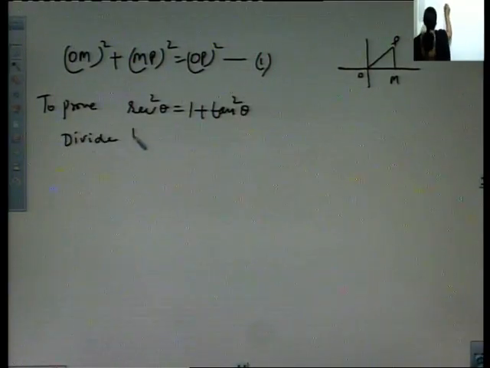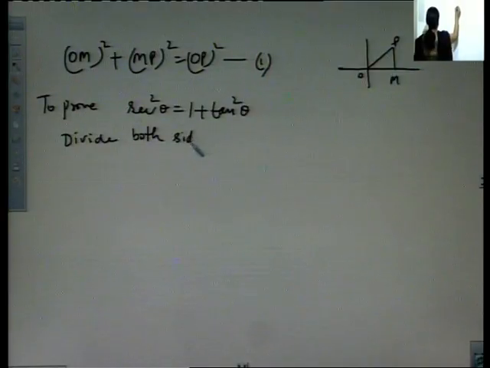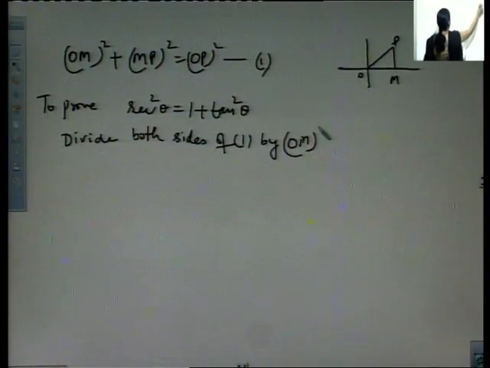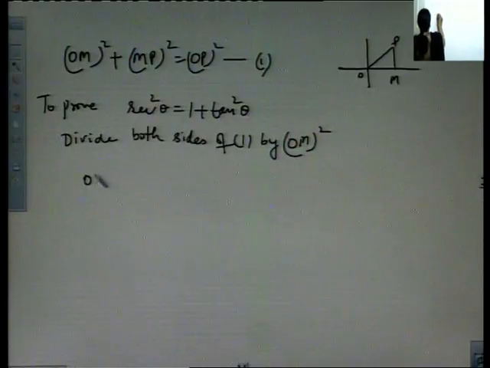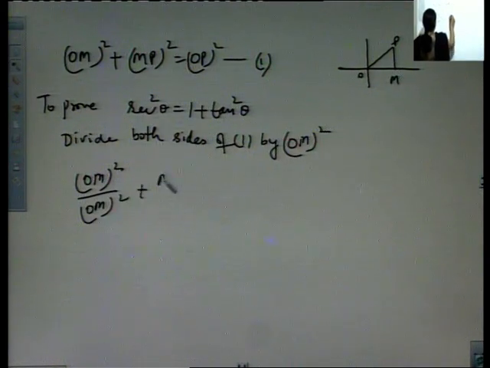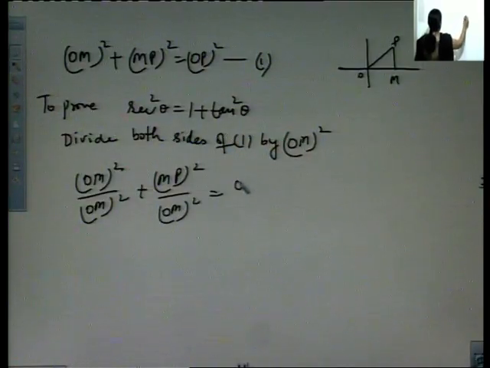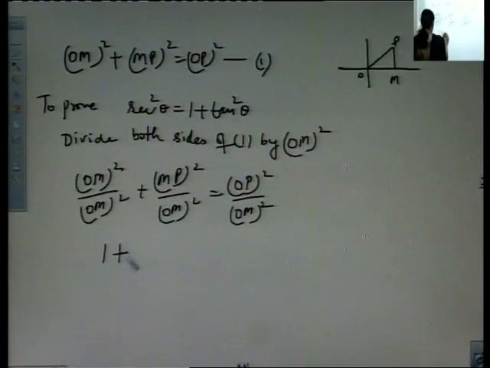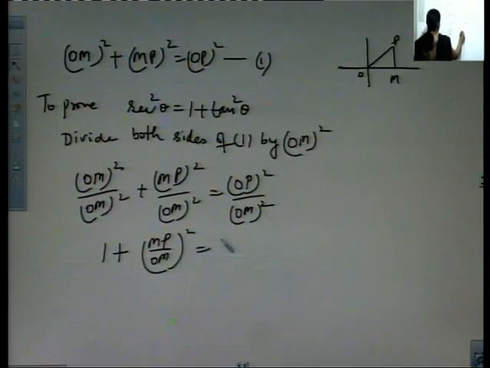Divide both sides of 1 by OM square, means OM square upon OM square, MP square upon OM square, and OP square upon OM square, and this will be equal to 1 plus (MP upon OM) whole square and (OP upon OM) whole square.